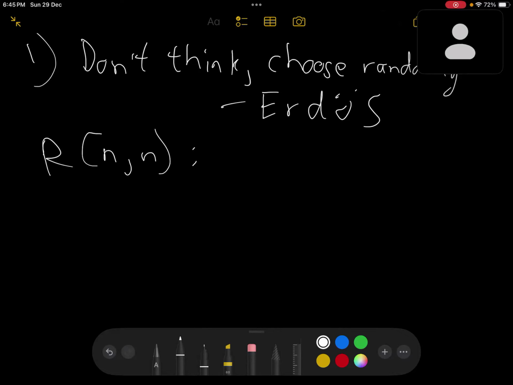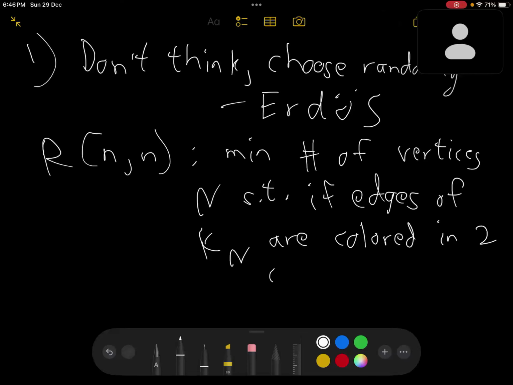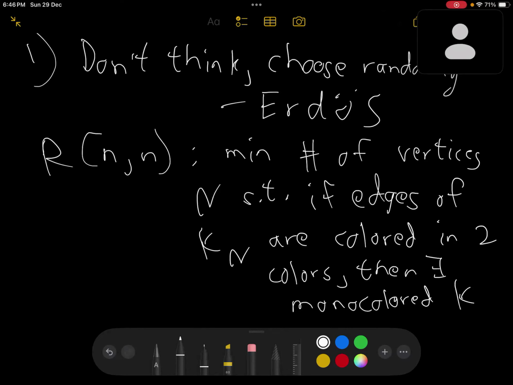It's the minimum number of vertices n such that if edges of K_n are colored in 2 colors, then there exists a monocolored K_n.